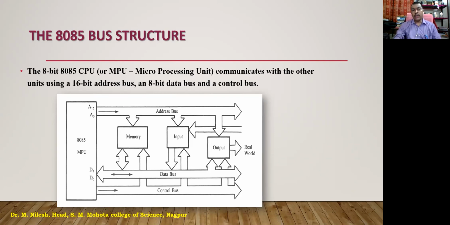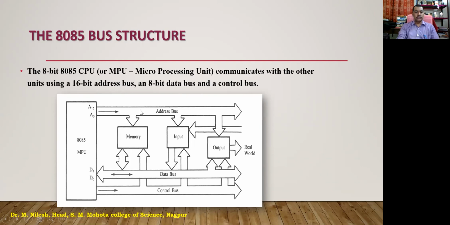We did a program in which we add two data items, one of which is by default stored in the accumulator, and the other we save in a memory location. Keep that program in front of you and try to understand how this microprocessor is going to communicate with the other peripheral devices.